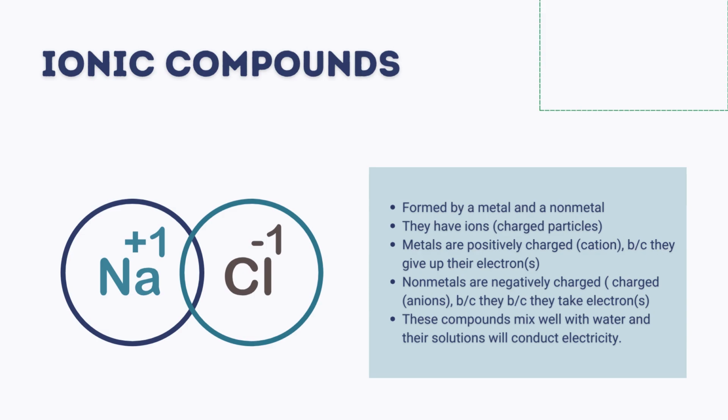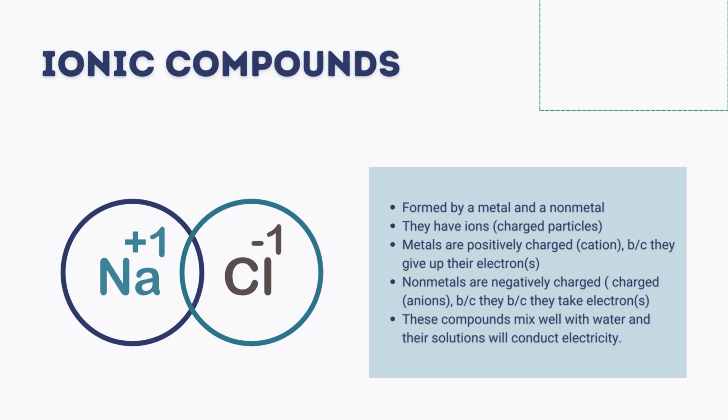Ionic compounds are a type of chemical compound that is formed by the combination of a metal and a nonmetal. They contain ions, which are charged particles that are formed due to the transfer of electrons between the two elements. When a metal and a nonmetal combine, the metal atom loses one or more electrons to become a positively charged cation, while the nonmetal atom gains one or more electrons to become a negatively charged anion.